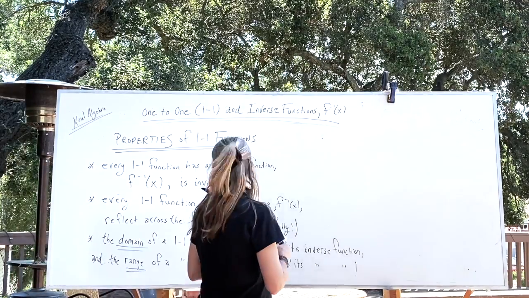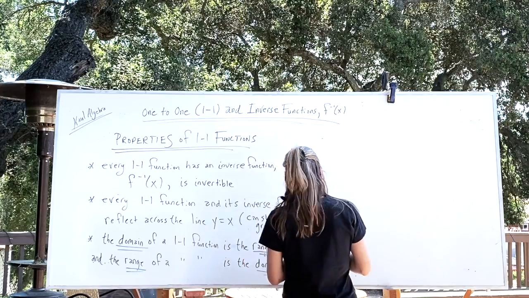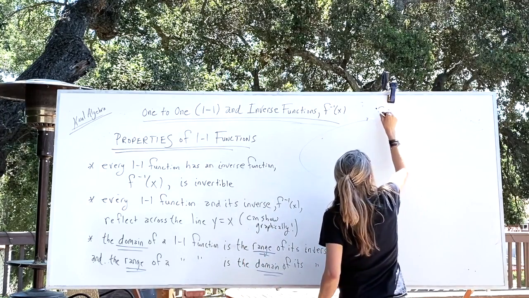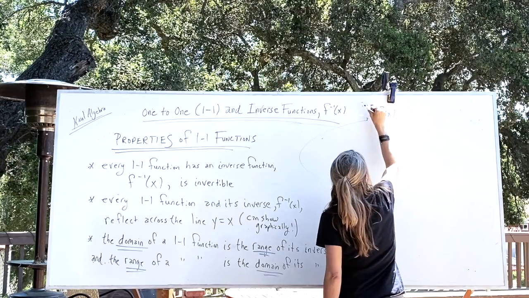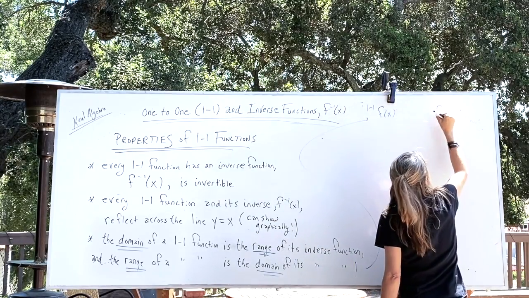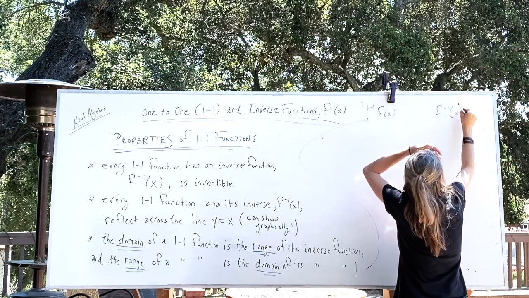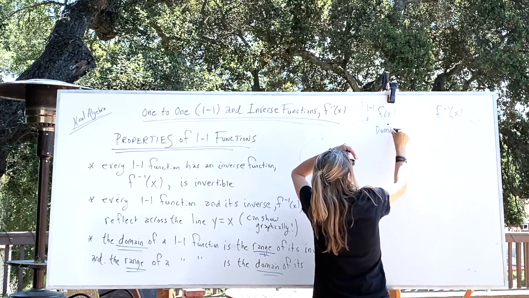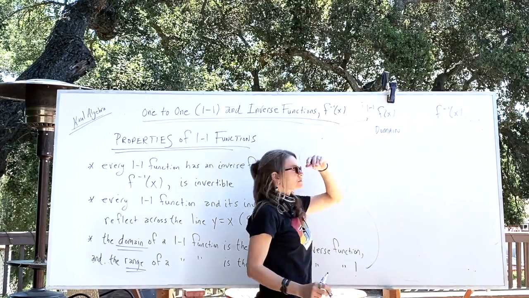So if we do a little illustration of this, here's my function, which is a one-to-one function, and here's my inverse function. So domain, again, are all the possible x's.